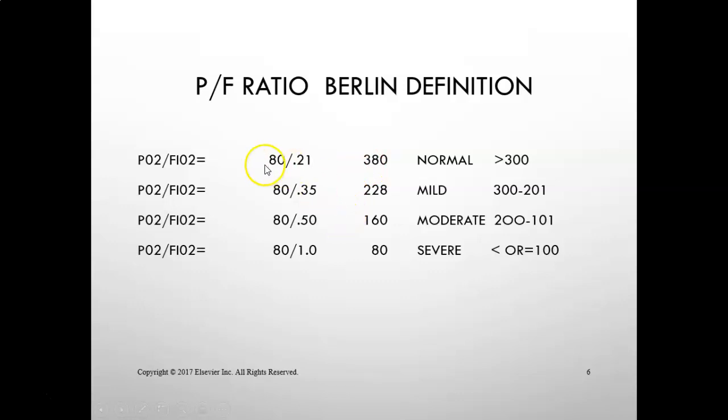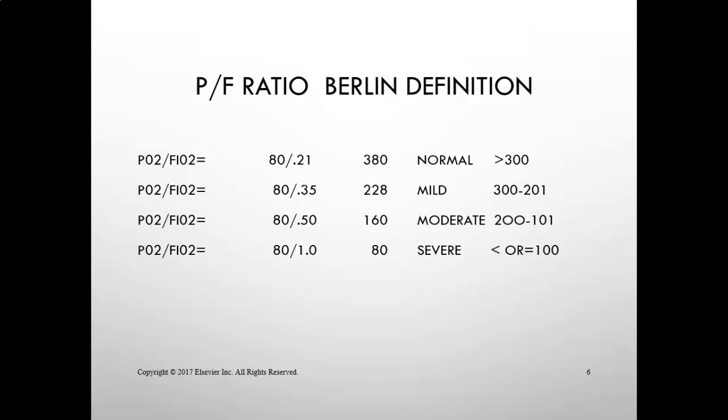Okay, now let's look at this patient who is on 35% oxygen. And when you take 80 divided by 0.35, you get 228, and this would come into the mild range. So according to the Berlin definition, 300 to 201 is considered mild ARDS.